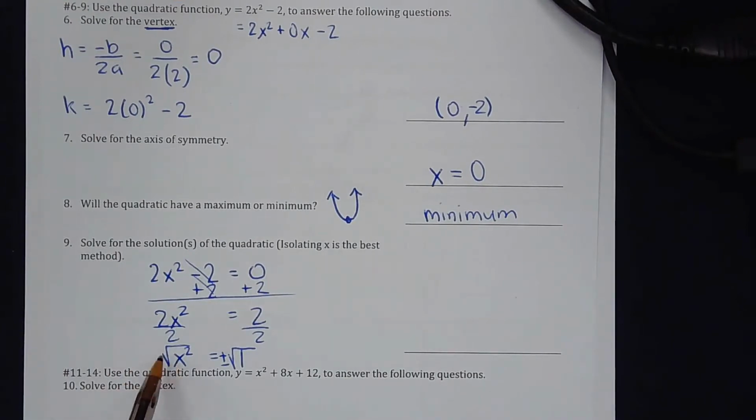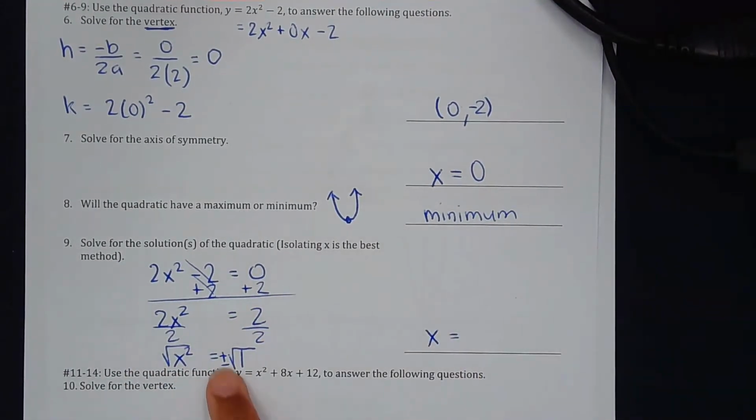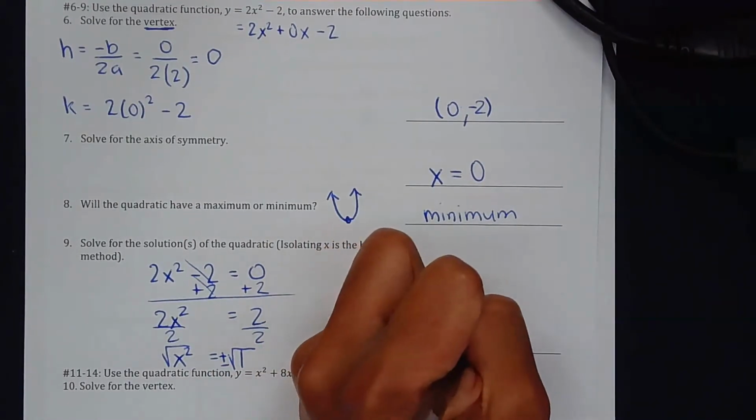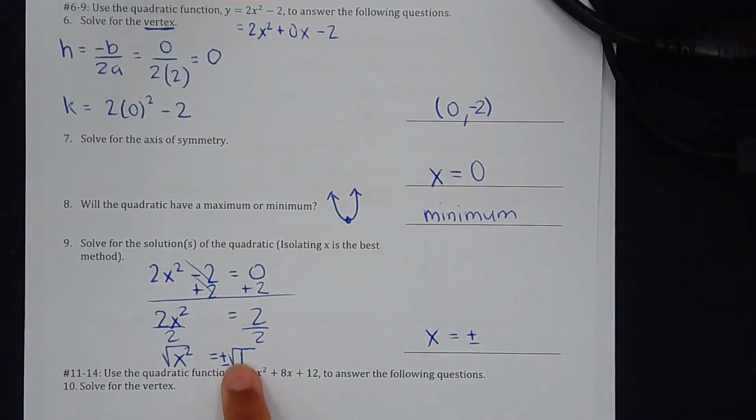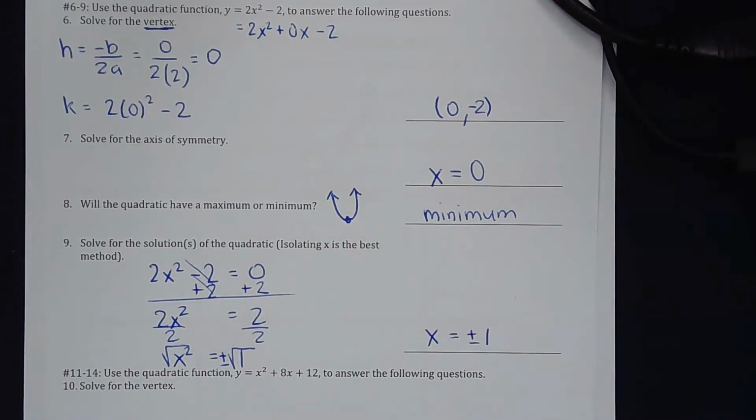On the left-hand side, we have x. On the right-hand side, we have the plus or minus, and then the square root of 1. Remember, when we're thinking about square roots, we're thinking about what number multiplied by itself would equal the number underneath the radical. Clearly, 1 times 1 still gives us 1, so the answer is x is equal to plus or minus 1. That's our final answer.